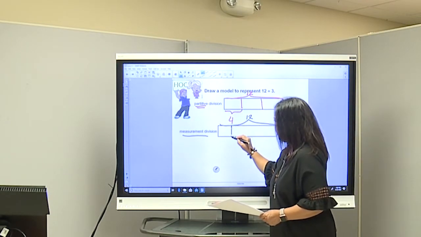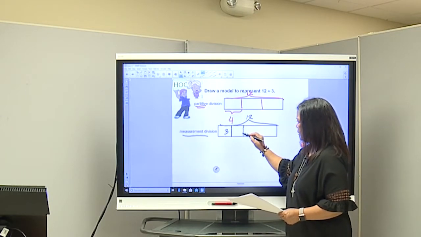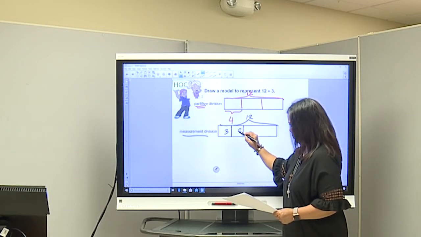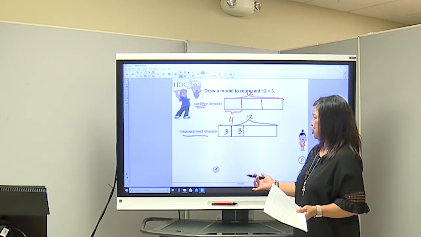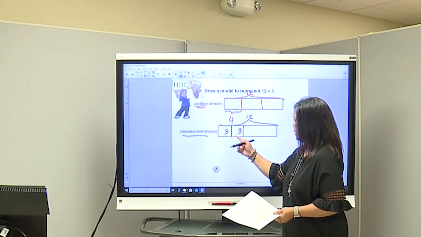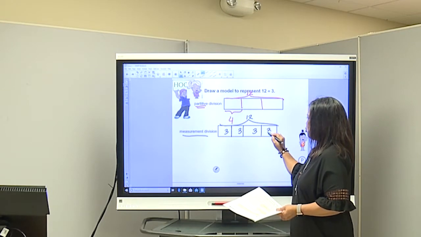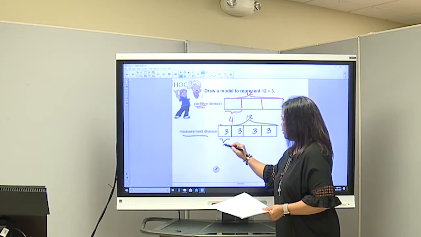Okay, so here we go. This is 3. This is 3. So I need to continue until I get to the whole thing, which is 12. So this is 3, 6, 9, 12. Okay, so each unit is 3.